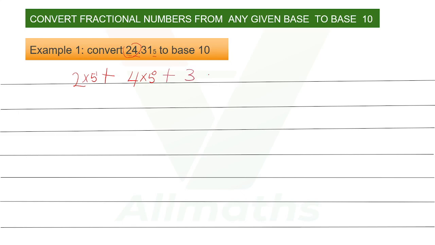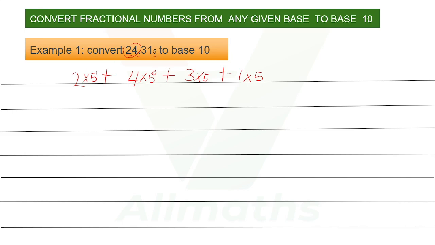For the decimal part, we have 3 and 1. The same thing applies here. 3 multiplied by 5, adding it together, 1 will also be multiplied by 5. So we multiply each of these by 5. Now this is where the difference is between the fractional part and the whole number part. For the whole number part, we started with 0 and moved in this direction, then 1, and you continue.